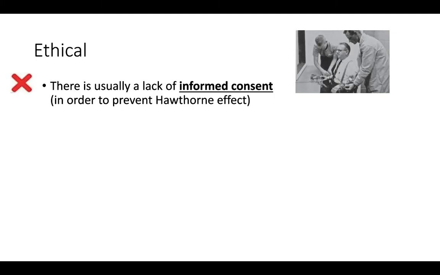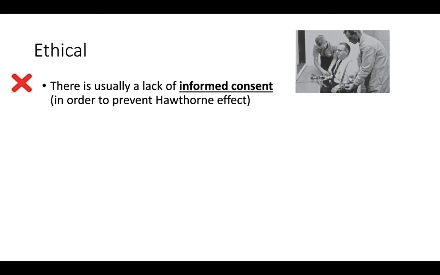Okay, ethical. There are no ethical advantages. Lab experiments have big problems here. So there's usually a lack of informed consent. In order to have a lab experiment, you generally don't tell people what they're doing and why they're doing it. So you want to try and reduce the Hawthorne effect as much as you can, and that's when people change their behaviour because they know they're being watched.